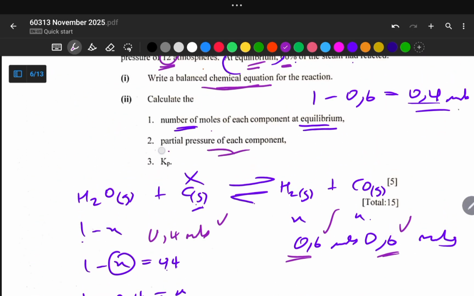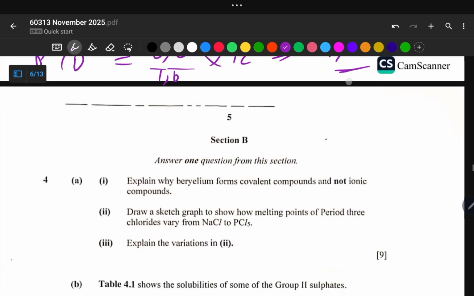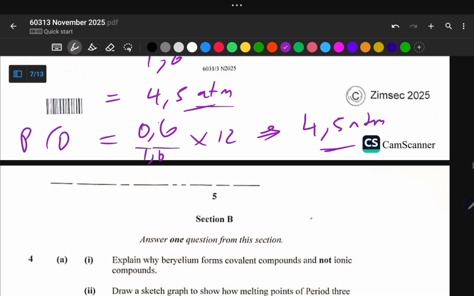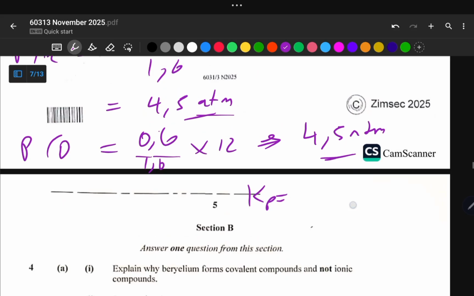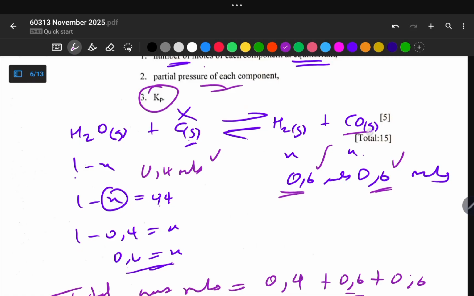And then we are required to have Kp. So for Kp, we are simply going to have this. So let me clear here. So the Kp expression, we are having the partial pressures of the products over those of the reactants, right?